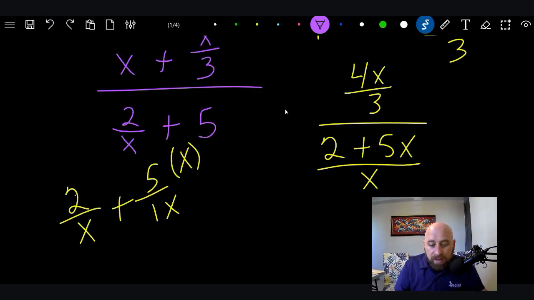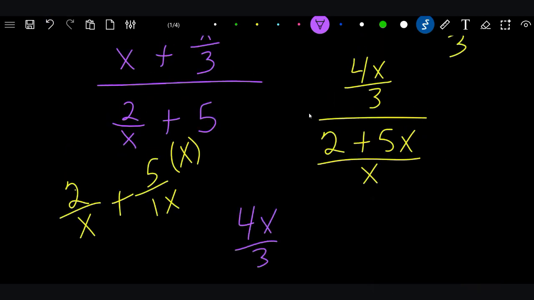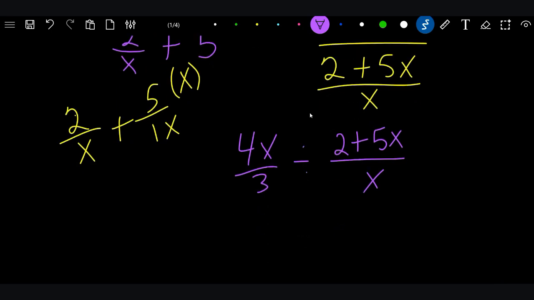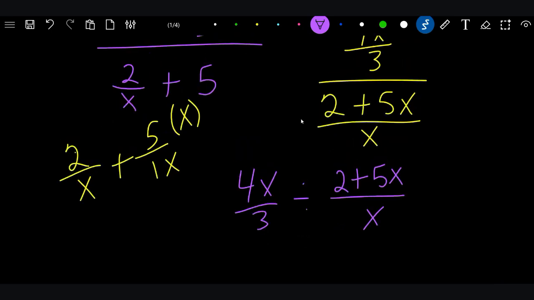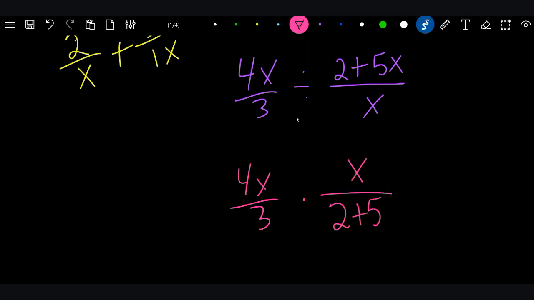How do we divide that? Well, we divide it by saying 4x over 3 divided by 2 plus 5x over x. How do we divide in algebra? That's right. We multiply, and we change this and flip the second one. So 4x over 3 times x over 2 plus 5x.